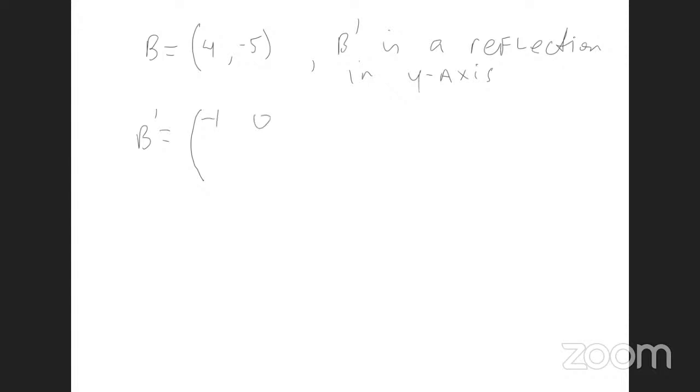Minus 1, 0, and then what are you multiplying it by? Multiplying by 4, minus 5.